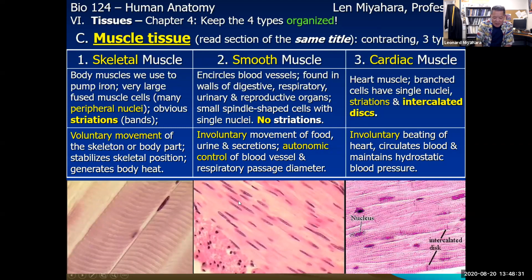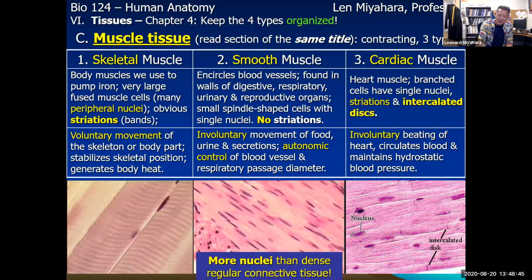So that's why you have a whole bunch of nuclei, and especially you see nuclei touching almost. That's a big hint. If you see parallel lines with a lot of nuclei, some of them touching, that's smooth muscle. That's why it says on the bottom, it has more nuclei than dense regular connective tissue. Everybody connect those dots?